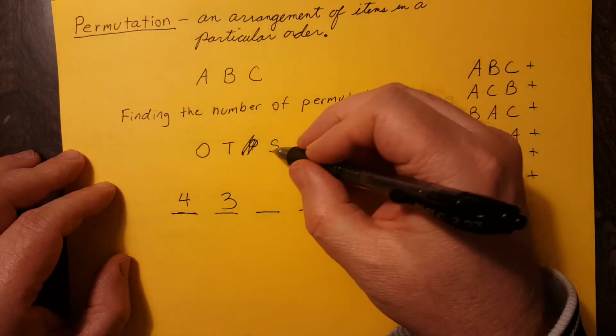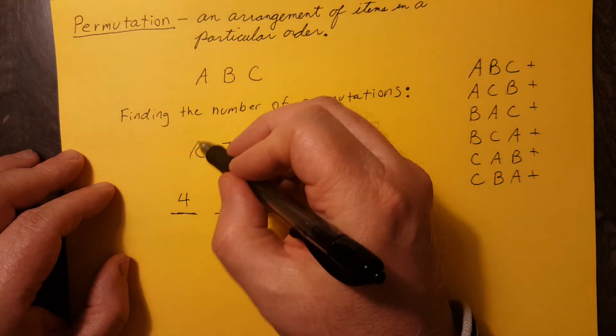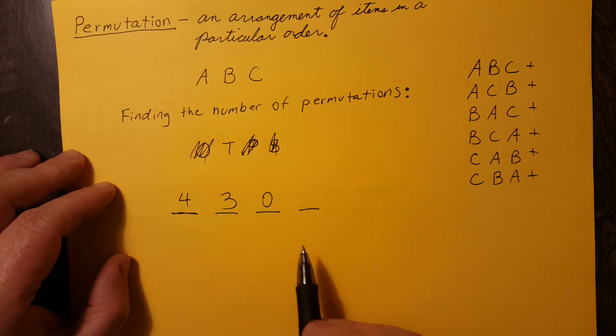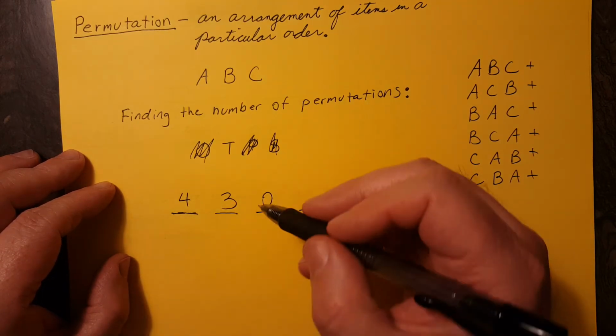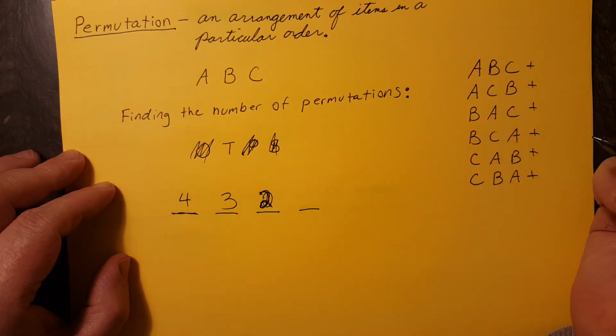Maybe I picked the letter S. All right. Now there's only 2 choices left. And then for the last one, there's only 1 choice left. I don't know why I put a 0 there, because there were 2 choices left. And then now there's only 1 choice left.